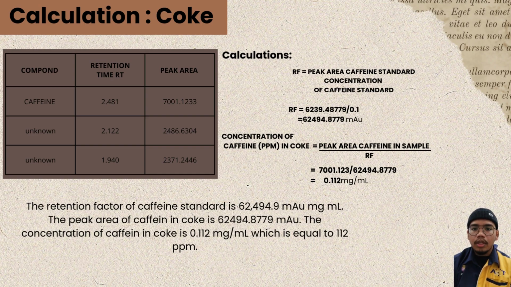By using the formula, the concentration of caffeine is equal to the peak area of caffeine in the sample over the response factor, which is 7001.123 over 62494.87. The concentration of caffeine in Coke is equal to 0.112 mg per mL, which is equal to 112 ppm.